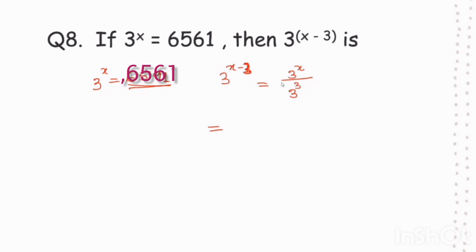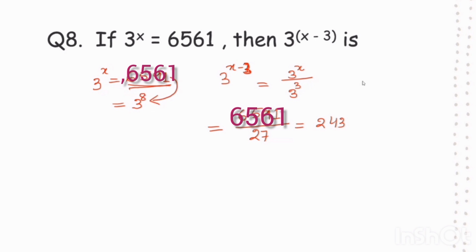In place of 3 raised to the power x, we can write 6561 divided by 3 cube, which is 27. Now we can reduce and we get 243. Or we can write 3 raised to the power x equals 6561, which is 3 raised to the power 8.